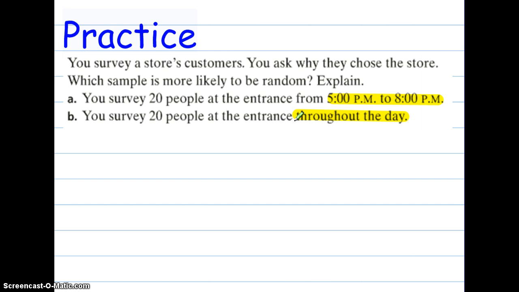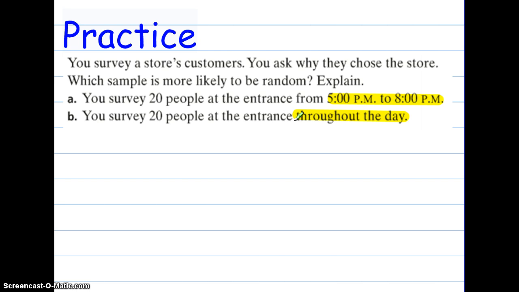Okay. Well, if you take a look at the two options available, if you take a look at A, 5 to 8, I'm guessing the majority of the people there would be saying that, well, it's convenient for them on the way home from work. Same thing as if you were to do it at the beginning of the day, from maybe 6 a.m. to 9 a.m., it would be, well, it's convenient for them because they're going to work. So that really isn't a random sample if you keep it just to those 3 hours.